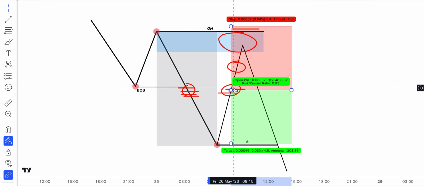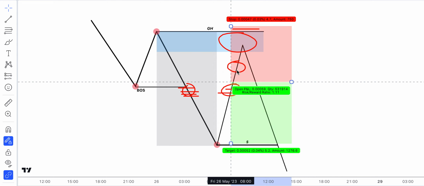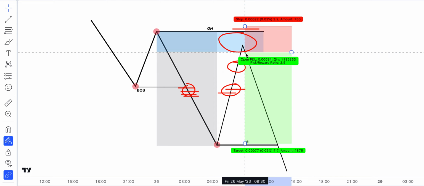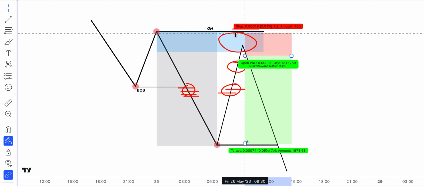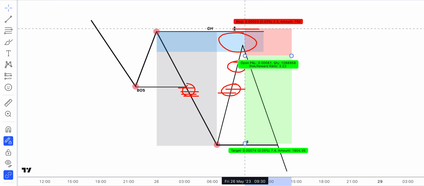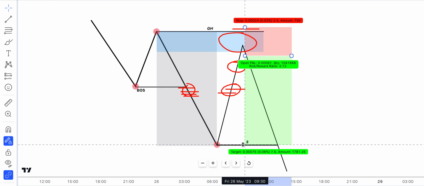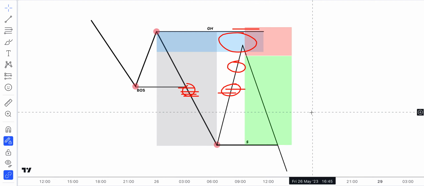Also, I would say your risk to reward is atrocious, right? So your risk to reward as a retail trader, you'd be looking at something like that if you choose the guarded high as your stop, whereas our stop is going to be something like this or something like this. It's completely different, right? And it changes the game.